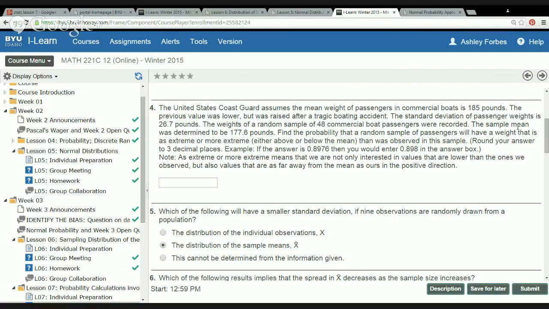177.6. Okay, find the probability, so we're going to be using our applet, that a random sample of passengers will have a weight that is as extreme or more extreme, either above or below the mean, than was observed in this sample. So, I just have no idea.